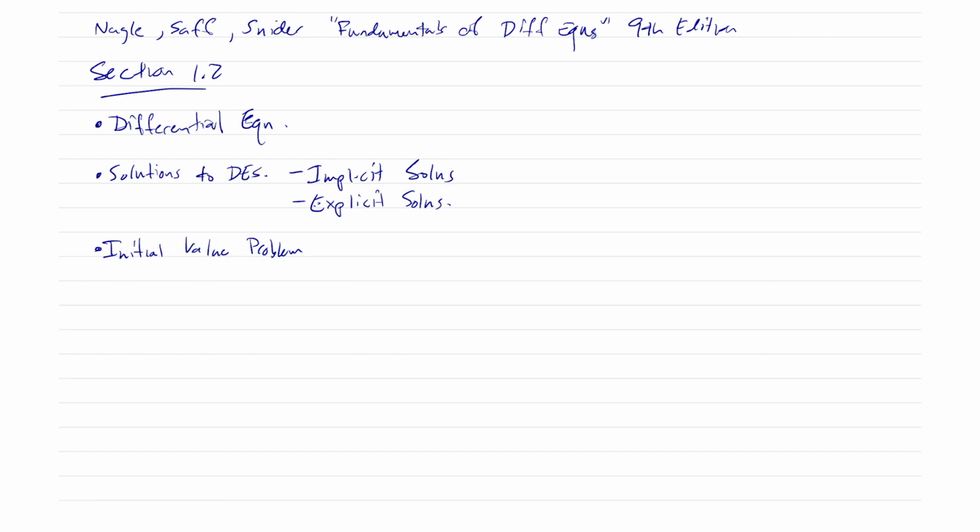Now, if we want to pin those arbitrary constants down, you need extra conditions, and that's going to come down to your initial values. So, for instance, we could be talking about the position of a particle.